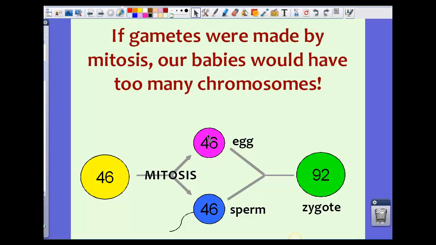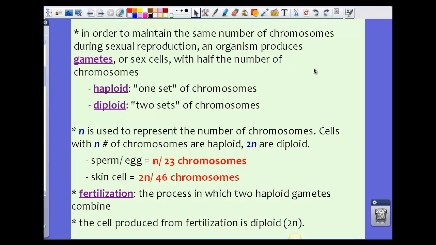So we're going to have 46 chromosomes in the female egg. We're going to have 46 chromosomes in our male sperm. When they come together to fertilize to make the baby, it is going to have 92 chromosomes. And that is not a human being. So unfortunately, mitosis cannot be used to create babies. We have to come up with some other way to do that.